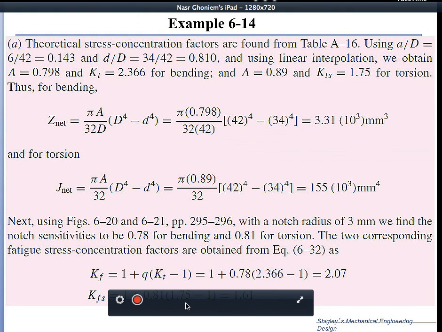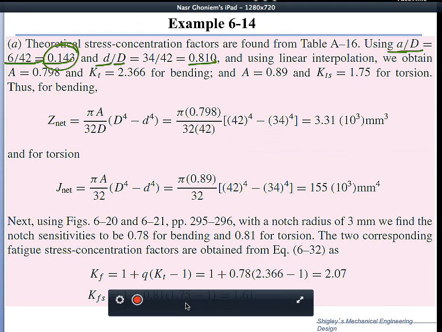First, to prepare ourselves, we have to find the ratio of the hole radius over D, a over D, the hole diameter over D. That would be 6 millimeter divided by the outside diameter, which is 0.14. And then the ratio of inner to outer diameter is 0.8.